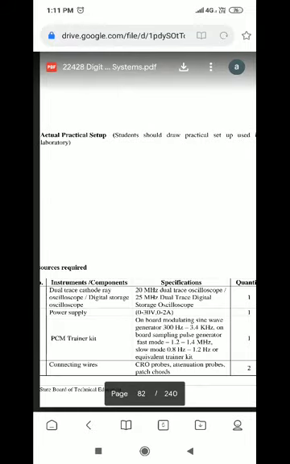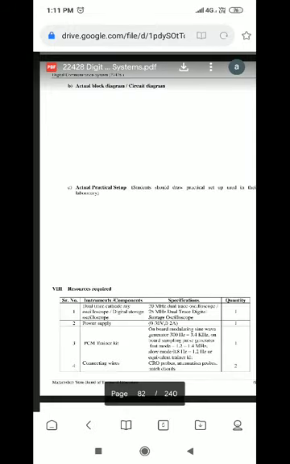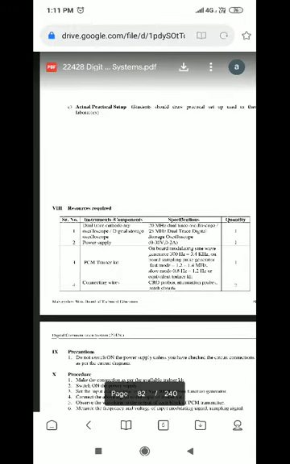Let's see what instruments we require for this practical. Dual trace cathode ray oscilloscope, or we can use the digital storage oscilloscope. If we use the dual trace CRO, then we can use a 20 MHz dual trace oscilloscope or a 25 MHz dual trace digital storage oscilloscope or a 30 MHz CRO.